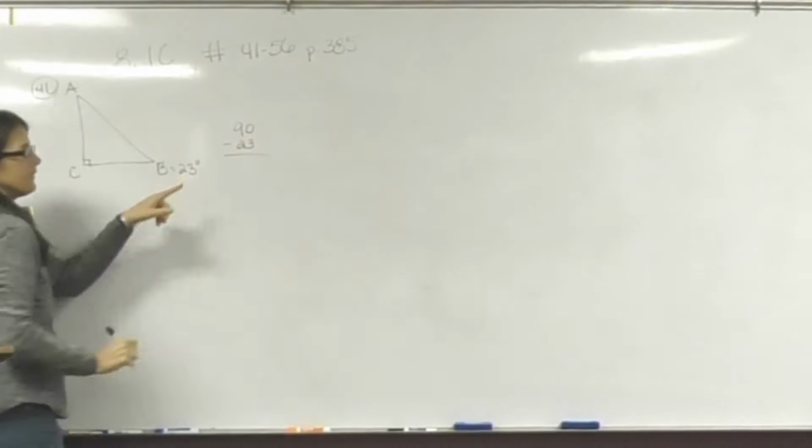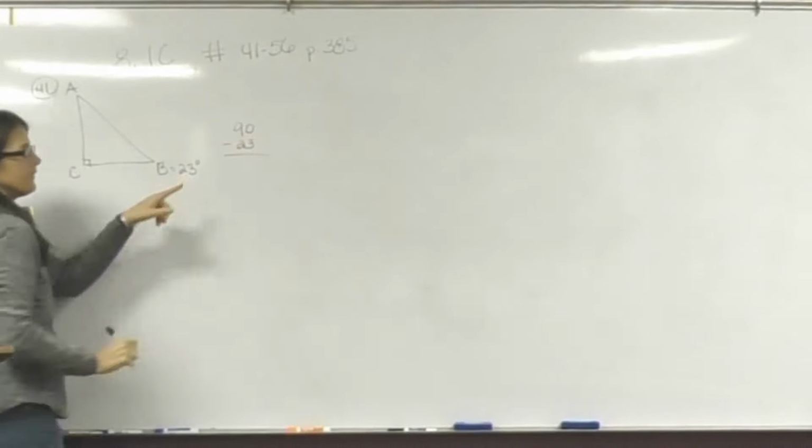If that's not making a whole lot of sense to you yet, then take the long way, okay? When in doubt, take the long way, okay? The long way being what we did yesterday, where you would show me that you started with the entire triangle, okay? And then you take out that one, and then you take out this one, and then this would be your answer, okay? These are going to be the same. Doesn't matter.